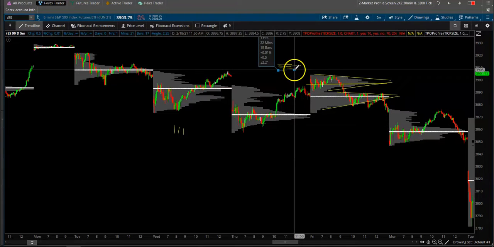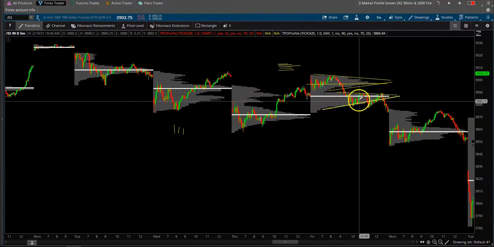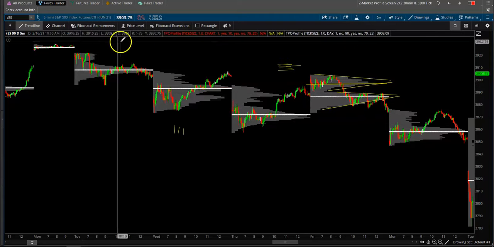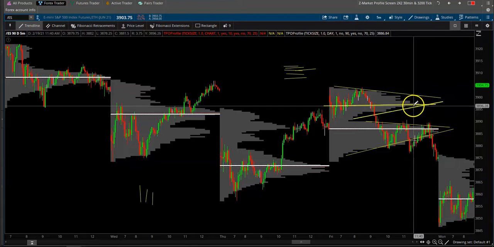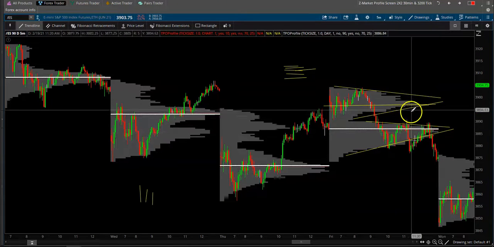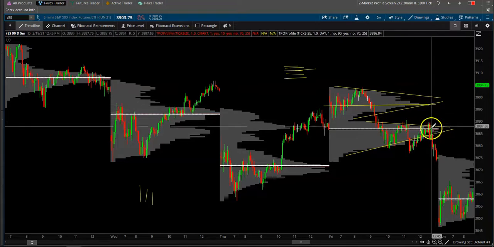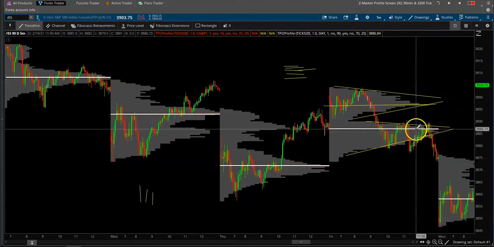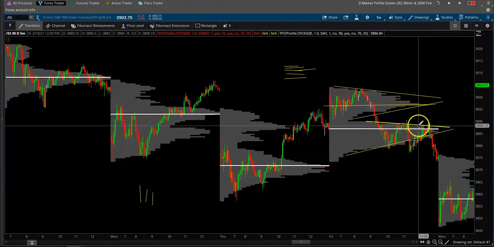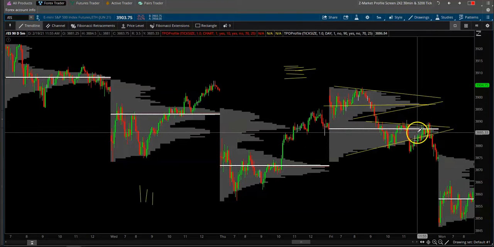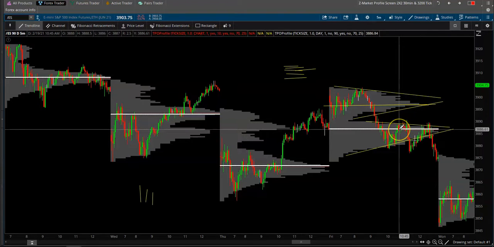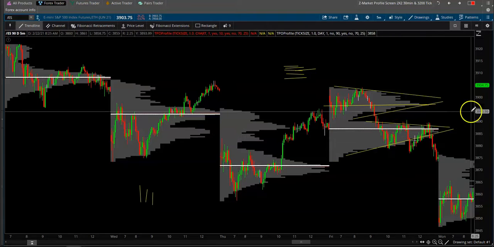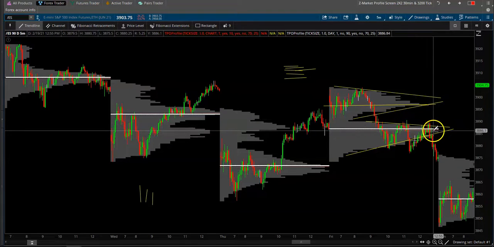And our job as a trader, when we look at market profile, is to figure out what exactly is the pattern they're trying to build. When you see sideways action like this, you go, okay, they're trying to pull the point of control back up, or they're trying to keep it down at this level, because remember, the point of control is the accepted price, because that's where the most volume has traded.